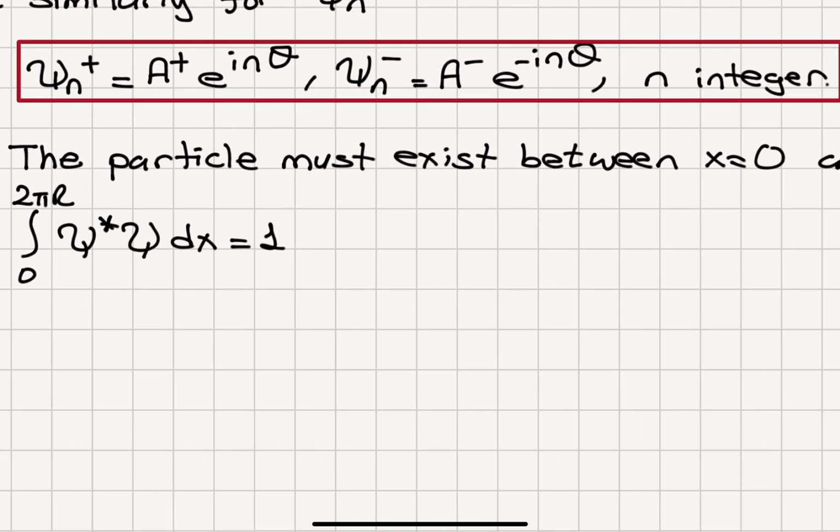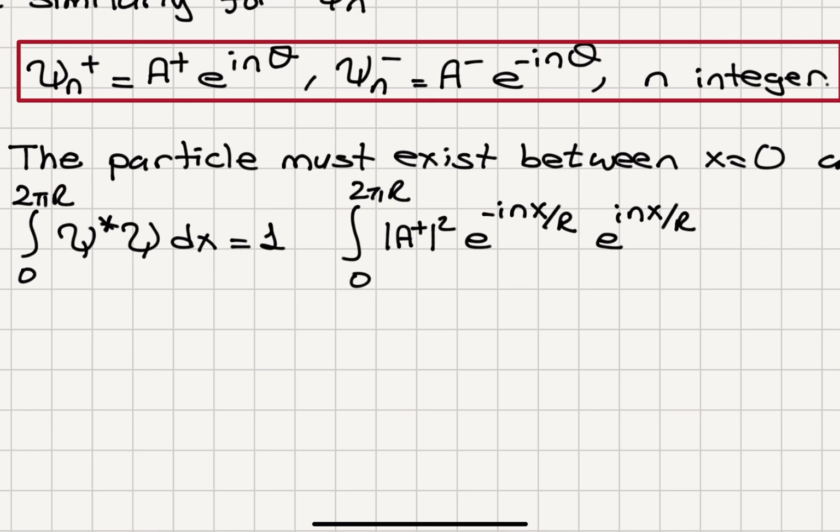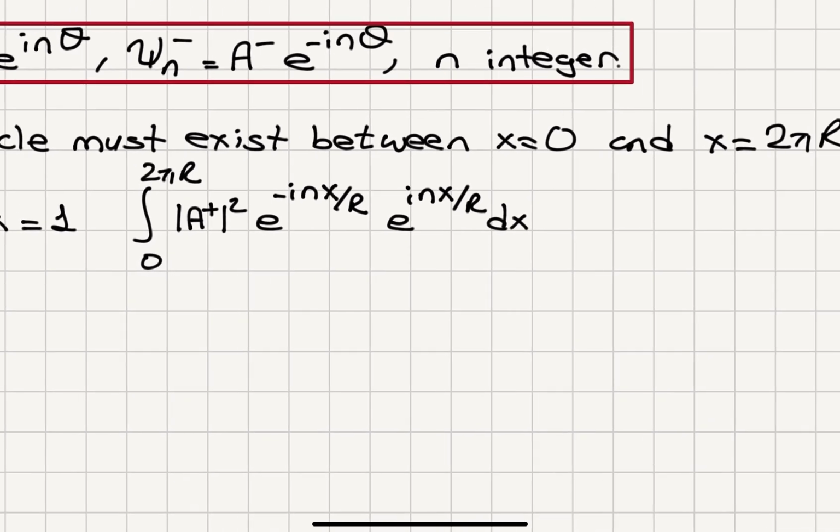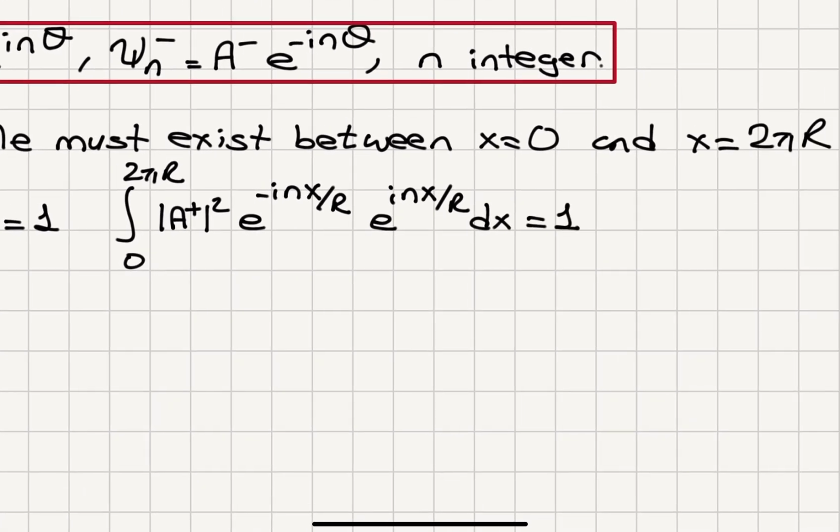So this is going to give me integral from 0 to 2 pi R, a plus square. The complex conjugate will give me minus i n theta, and theta is x over r, so minus i n x over r. The wave function itself has e to the i n x over r, dx. This is equal to 1.